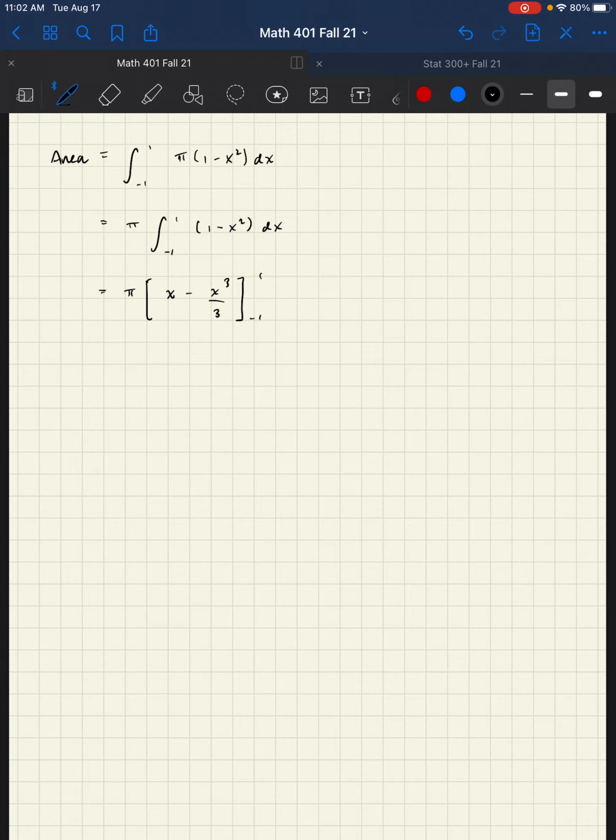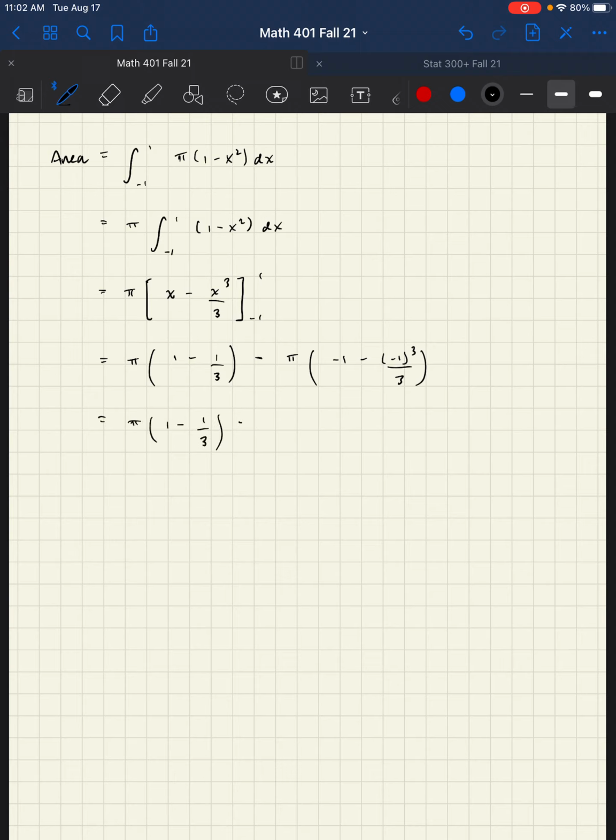Using FTC2, what can we do? We're going to do pi (1 minus 1 over 3), because the 1 cubed is just going to be 1, and that's over 3, minus pi, I'm just distributing the pi, (-1 minus (-1) cubed over 3), which is going to turn this into the same thing as the 1 minus 1/3.